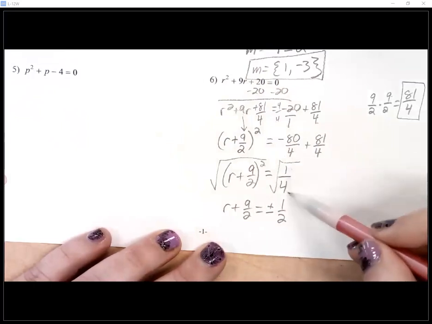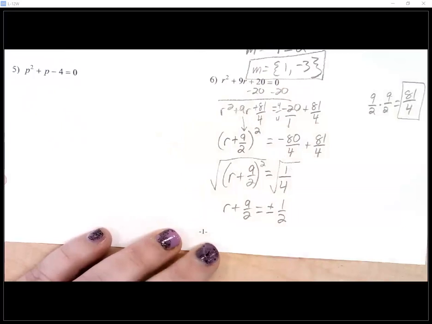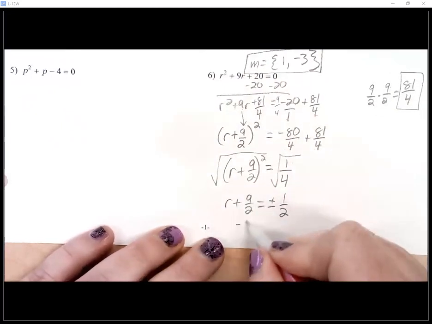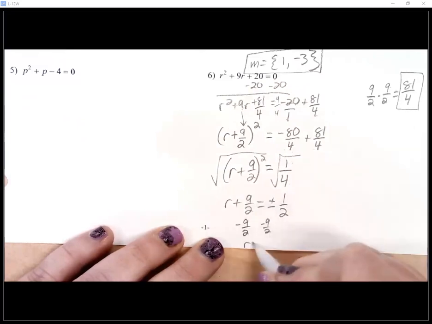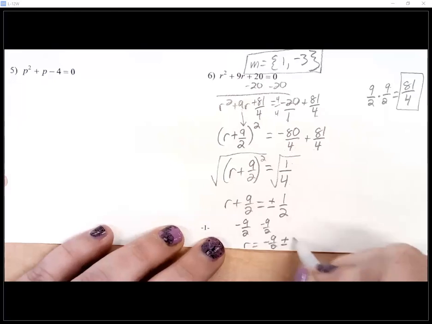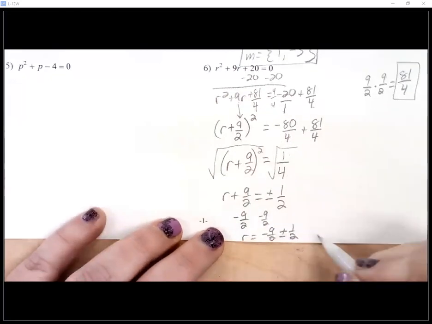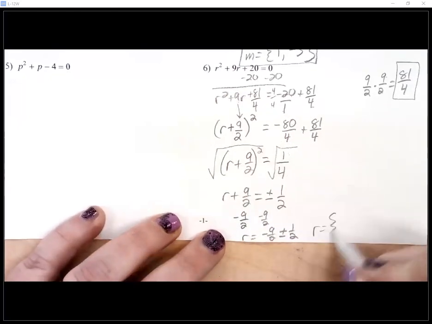And now I'm going to subtract the 9/2 to the other side. We're so close here. So now I'm just going to stick that up in front: negative 9/2 plus minus 1/2. I can actually do this out though, so I should. What's negative 9/2 plus 1/2?